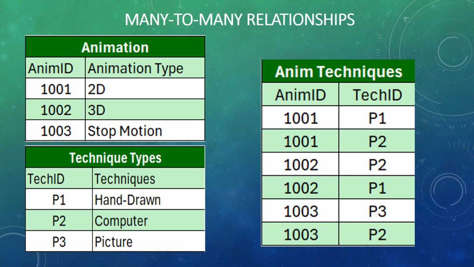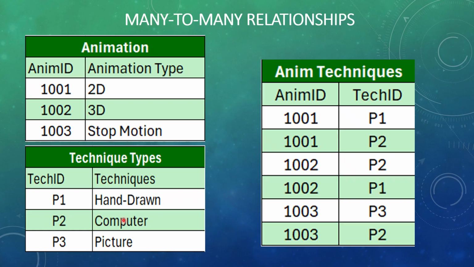I have a database with one table to store information about animation and another one to store information about techniques. I want to allow each animation type to be able to use multiple techniques and vice versa. To create the relationship, we would need a non-unique column in each table.